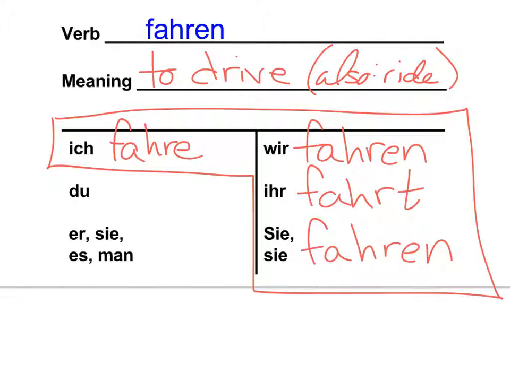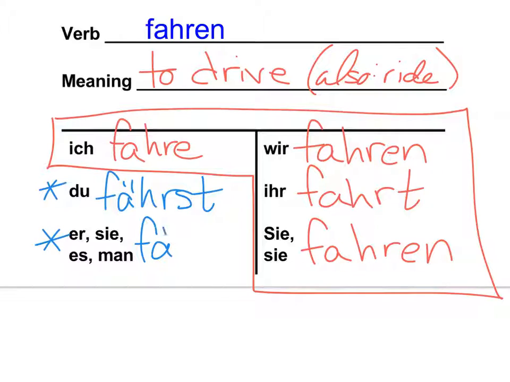We're going to do the same thing to this one that we did to schlafen, which is a common thing. So with A, you frequently just add umlauts to it. Okay. So du and er/sie/es are different. So what's the du form going to become? Fährst. Good. What about er/sie/es man? Fährt. It almost sounds like ferret a little bit. Fährt.